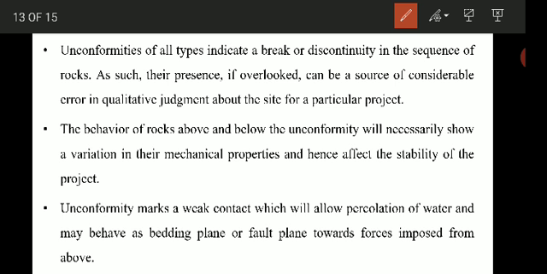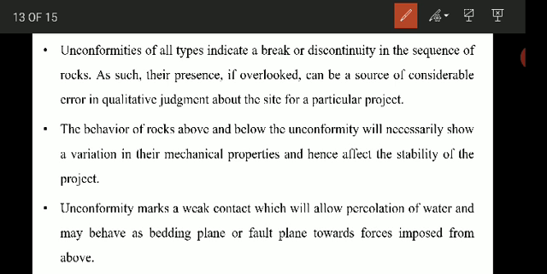There may be a presence of weak rock and strong rock, so you have to test whether the rocks are the same everywhere, or if there is a change in the rock formations, then you have to check the properties of all the rocks. Then unconformity makes a weak contact which will allow percolation of water and may behave as a bedding plane or a fault plane towards the forces imposed from the top.